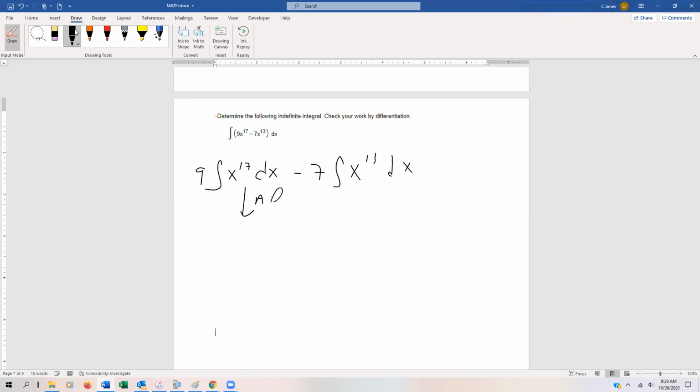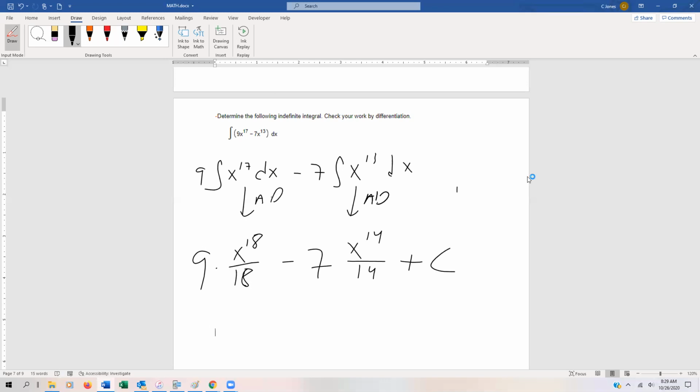So I'm just going to say this is the antiderivative of x to the 17th and x to the 13th, respectively. So this is going to be 9 times, now remember, what we're going to do is add 1 to the exponent and then divide by the new exponent. So that's 9 times x to the 18th over 18 minus 7 times x to the 14th divided by 14, and then plus our constant of integration, c.